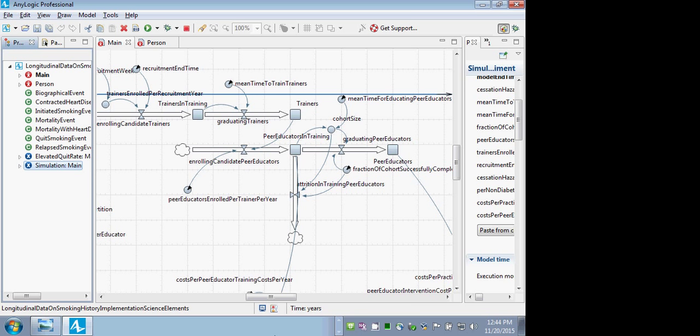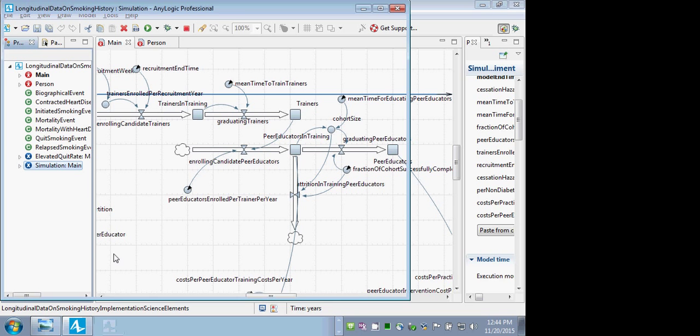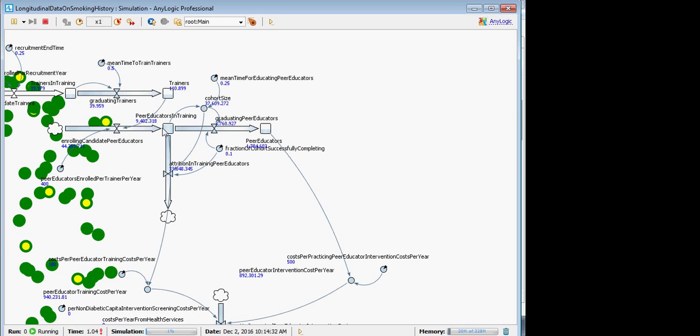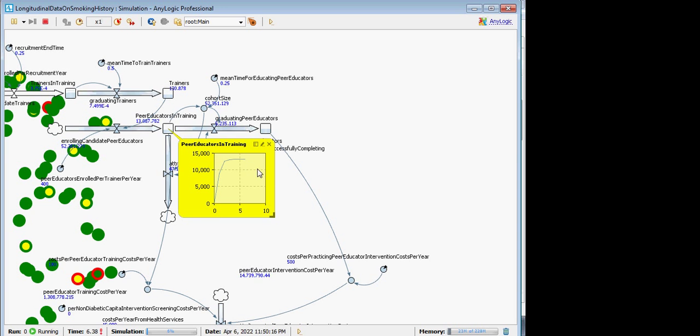But another effect of the timing is that it's going to take time to train the peer educators. So the number of peer educators is only going to rise at a certain rate. And here are a number of peer educators who are being deployed, who are actually in the field.